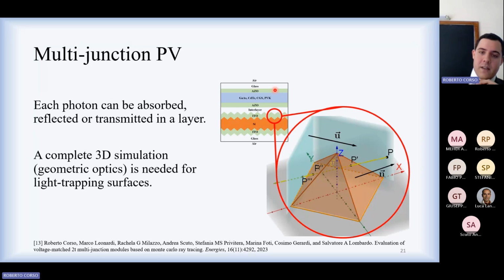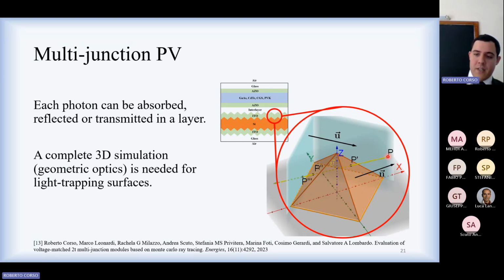So while in general the simulation can be simplified basically with a 2D model where the interfaces are flat, a 3D simulation is needed when the simulated photon approaches this textured surface.